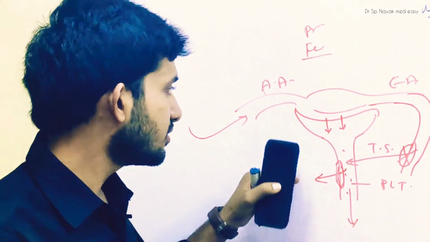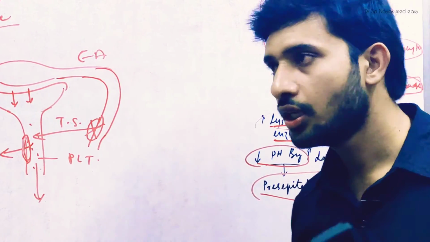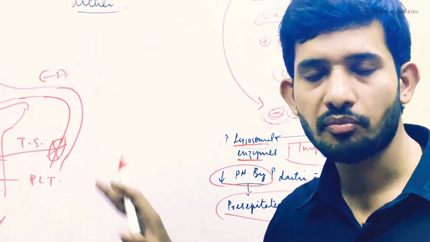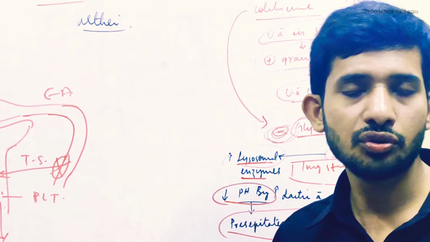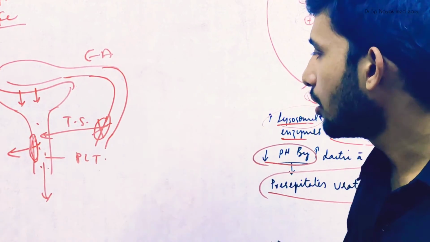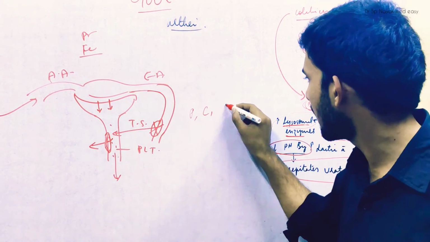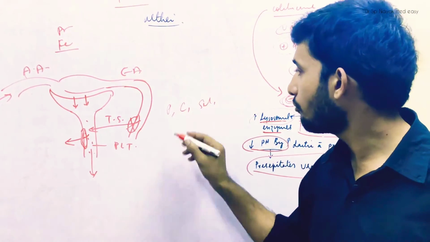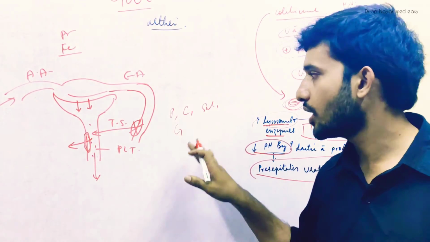And remember guys, by this mechanism you have to understand some other drugs. Some anionic and cationic drugs are excreted through the kidneys by tubular secretion, and in that we have penicillin, very important drug, cephalosporins, we have salicylates, and we have glucuronide conjugates.